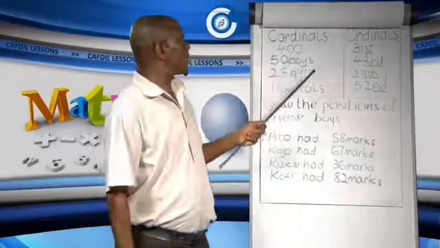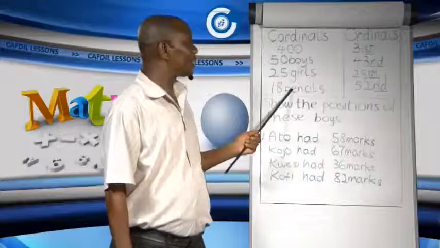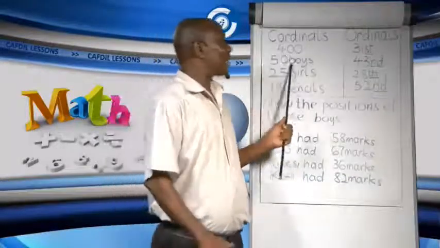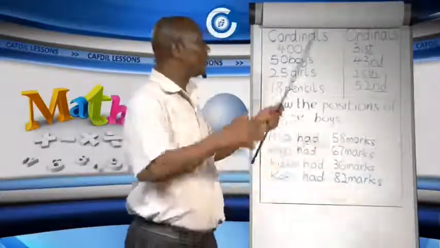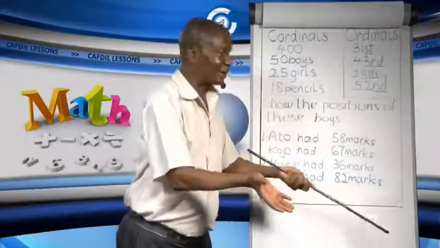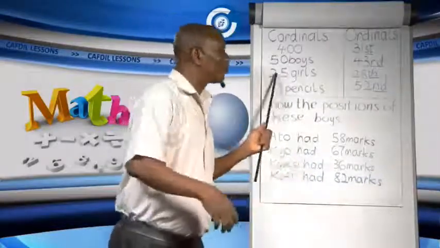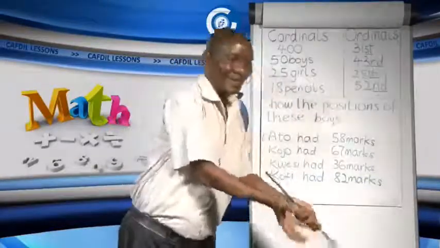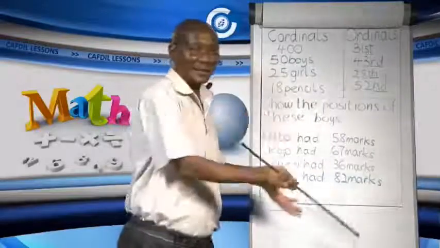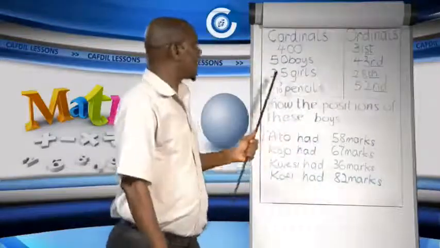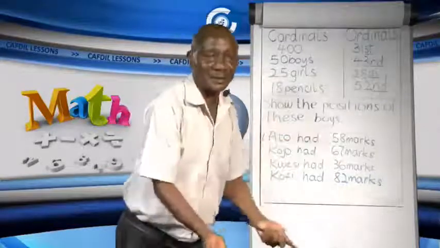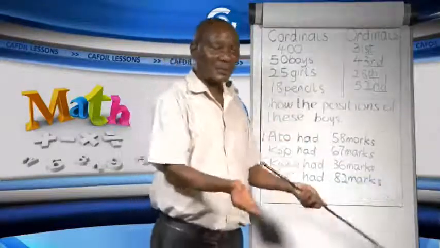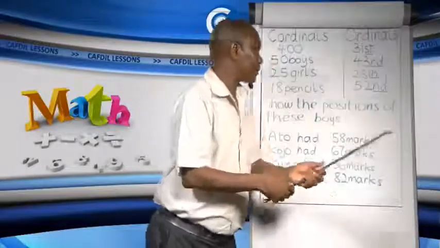The boys, the girls, and the pencils, they are just to tell you the number of boys. So we see 50 boys, 25 girls. They are telling us how many girls there are. 18 pencils. So that is quantity or how many.